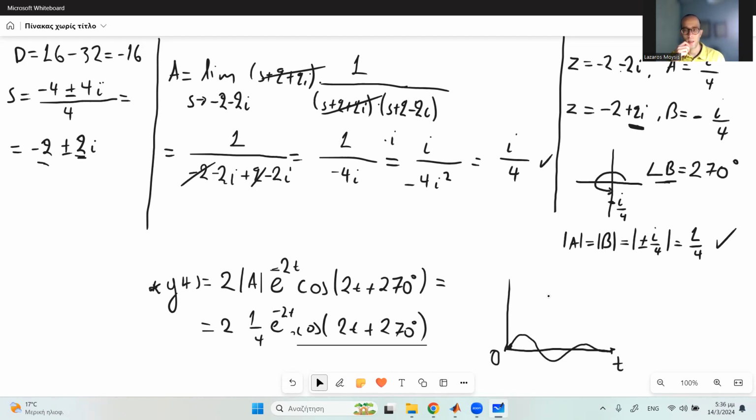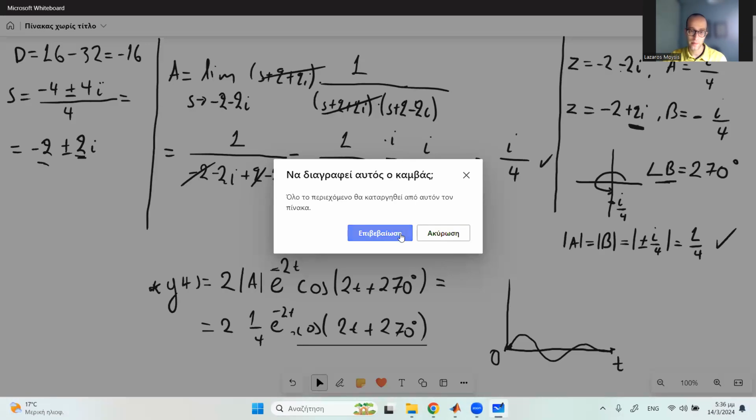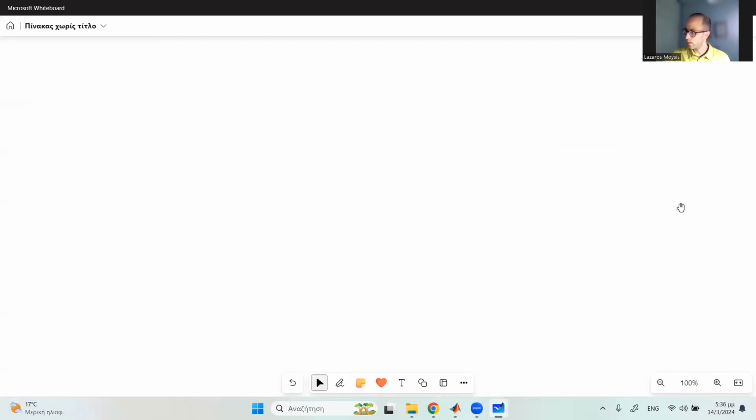So let's give another example, a little bit larger, for the step response this time. So let's clean everything. And now let's see. I'm going to give you a differential equation. Okay, I'm going to give you this transfer function. I say differential equation obviously because they are equivalent, right? So s squared plus 2s plus 2.